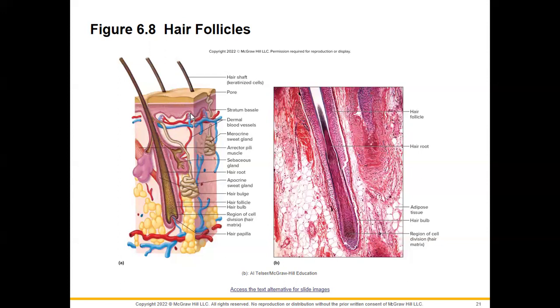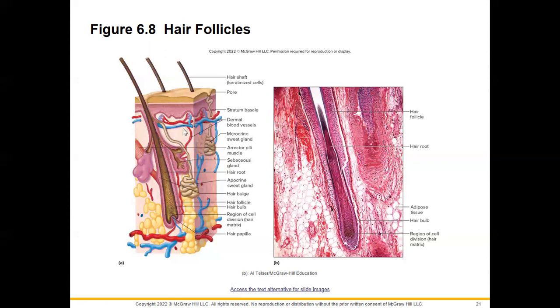The deepest layer of epithelium is the stratum basale, and deep to that is the basement membrane. Then you go up from the stratum basale to the stratum spinosum, stratum granulosum, and if this happens to be thick skin, you have the stratum lucidum, then you'll have the stratum corneum. All of those are parts of the epidermal layer.